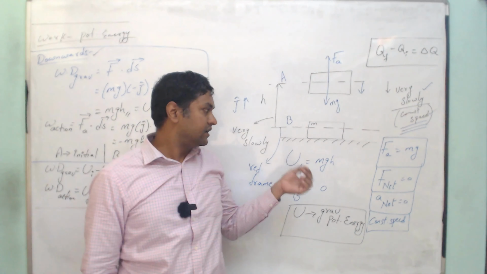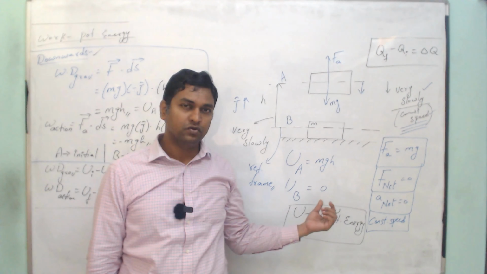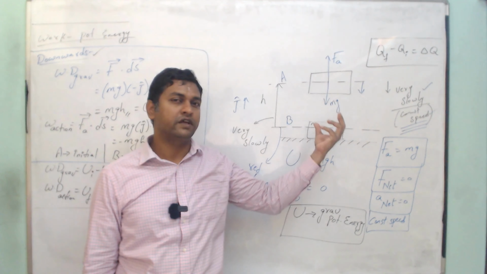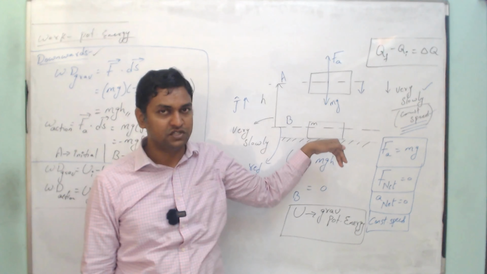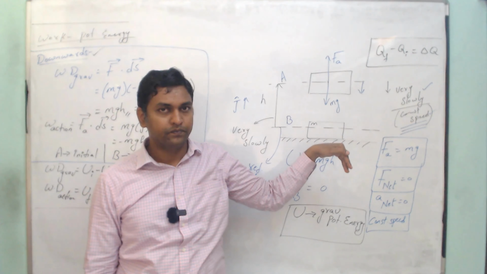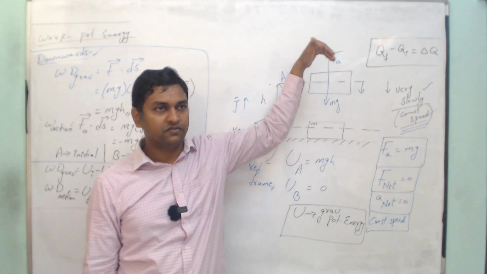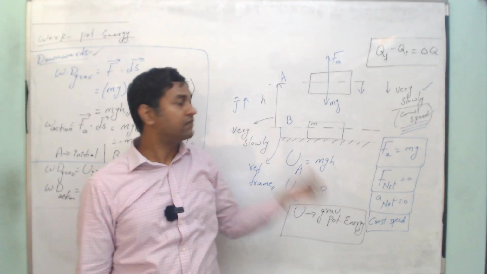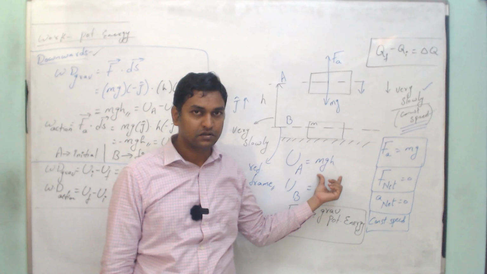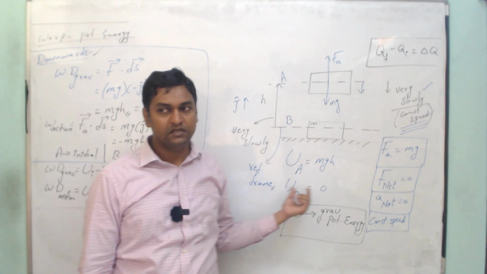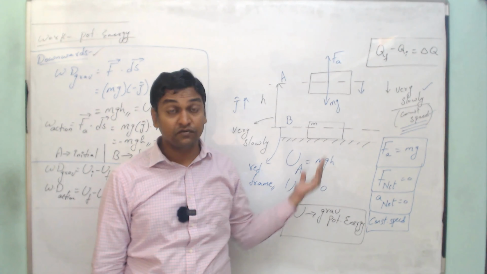When we are writing UA as mgh and UB as 0, let us study the direction of force. The direction of force is downwards, mg. My gravitational force is downward, so my gravitational potential energy at A is mgh and at B is 0. My action force is upwards.